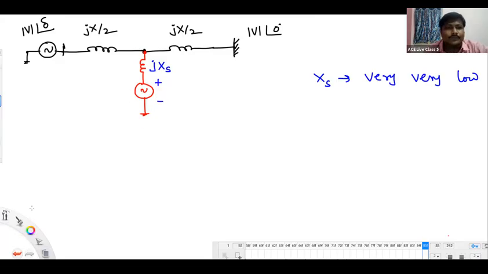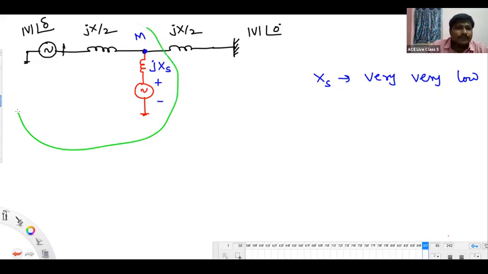Very simple, don't get confused. This is the midpoint of the network. With respect to the midpoint of the network, I want to redraw this portion of the network into a Thevenin equivalent model.